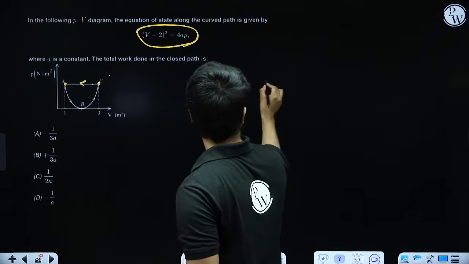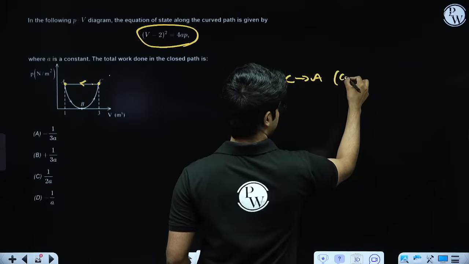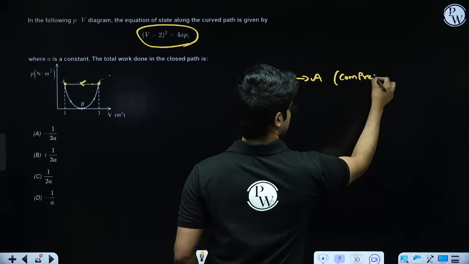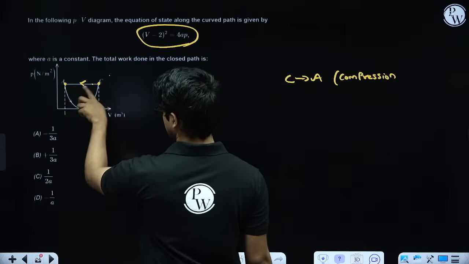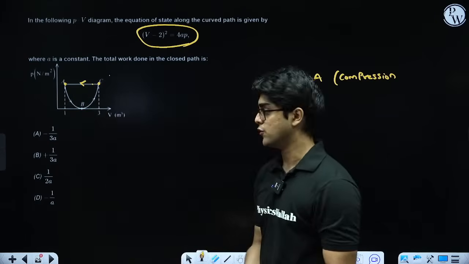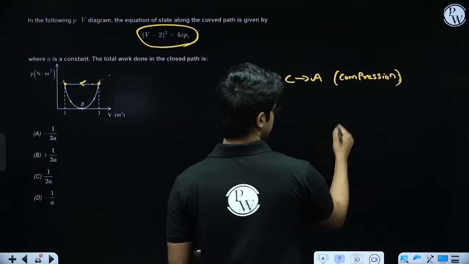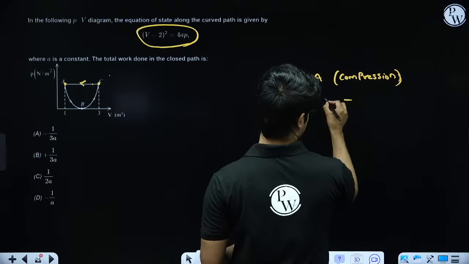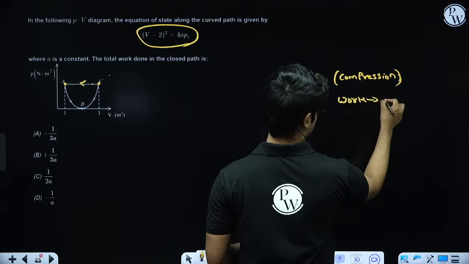So the process C to A is a compression process, and because of that its work done will be the largest in magnitude. And we know that when a gas is getting compressed, the work done by the gas is negative. So the work is negative.